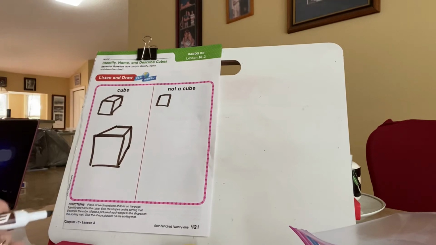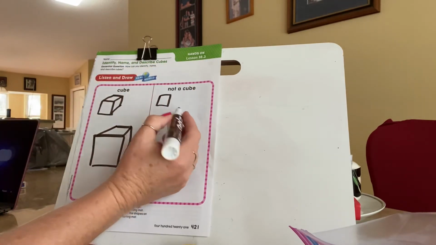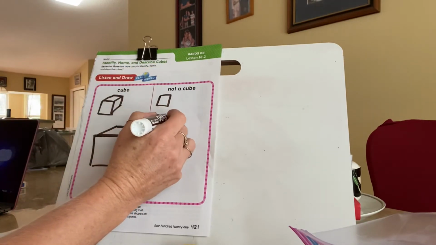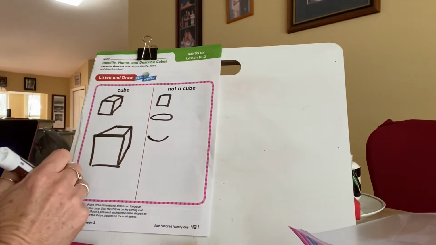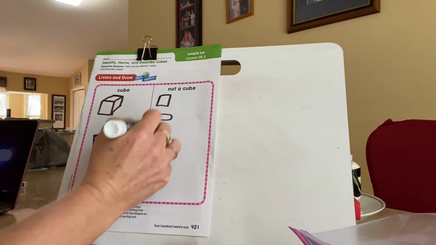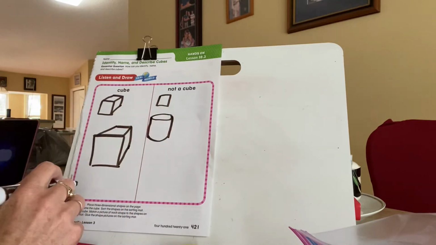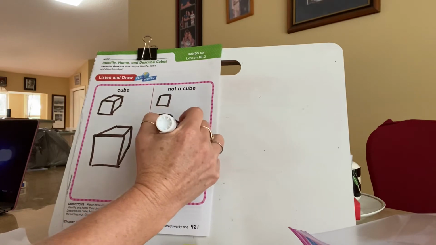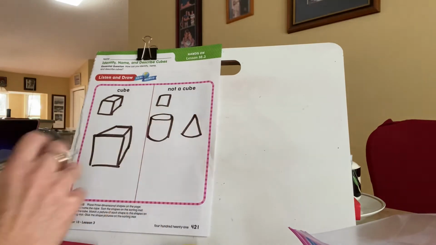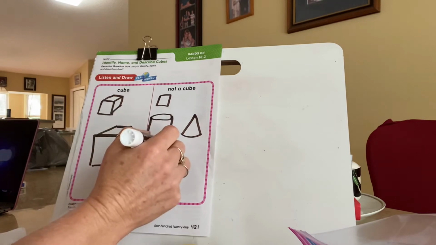All right. Things that are not cubes, I can make a cylinder. Remember? I can make a cone. I can make a sphere.